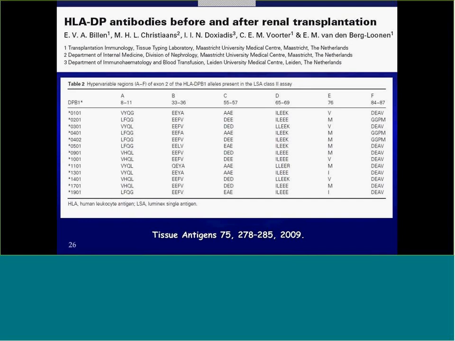With a couple of exceptions, every person whose HLA-D has DP antigens is either going to be a DEAV or a GGPM. So you can be homozygous for DEAV, you can be homozygous for GGPM, or you can be heterozygous. And as I said, there are a couple of exceptions that we can discuss at a later time.